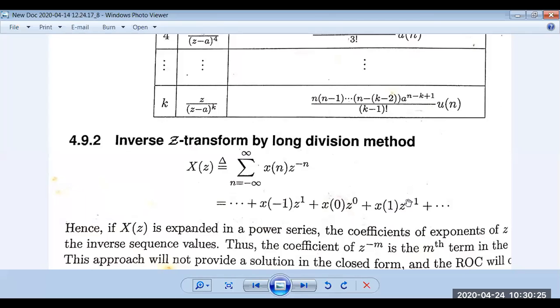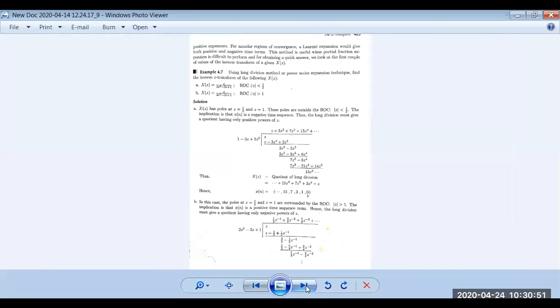Everybody understand this? Every negative value of n has got a positive power of z, and every positive value of n has got a negative power of z. Let's go on with the next thing.